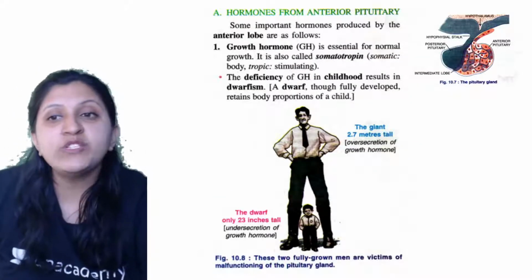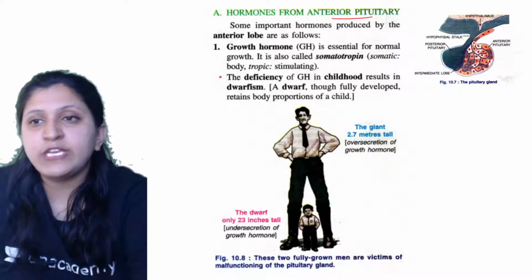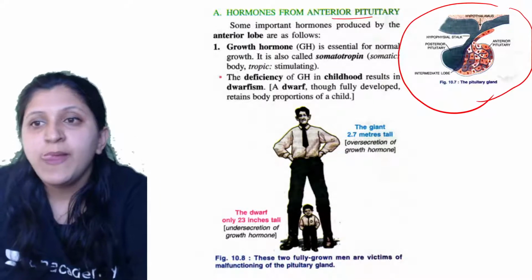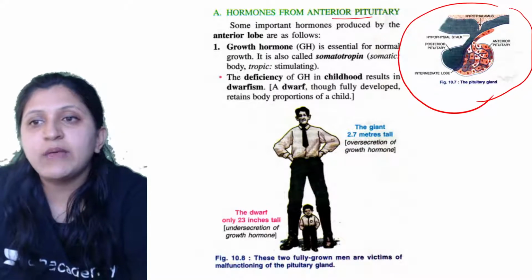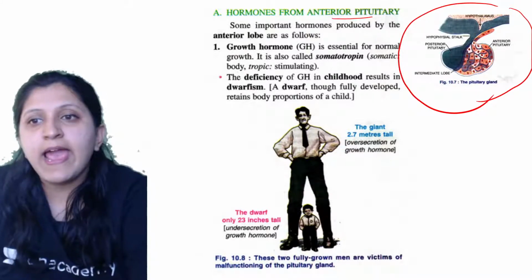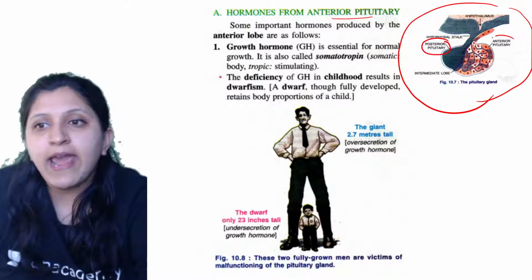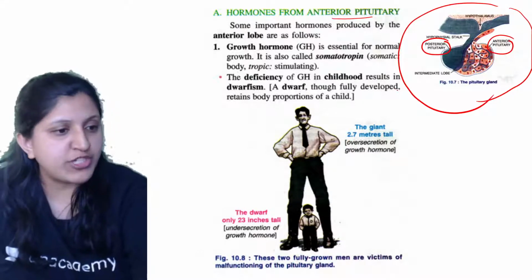So the hormones from the anterior pituitary, this is the structure which is given in your textbook. You can see here the hypothalamus is present, and the posterior pituitary and anterior pituitary are mentioned.